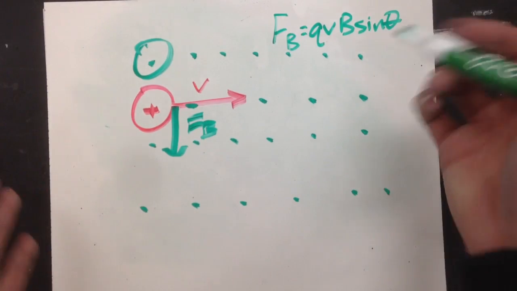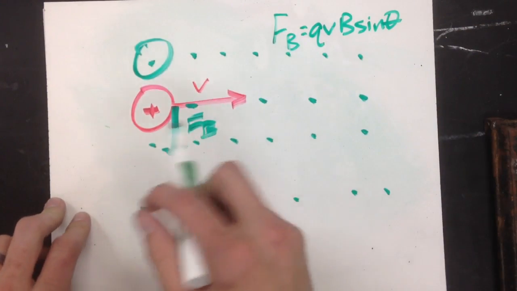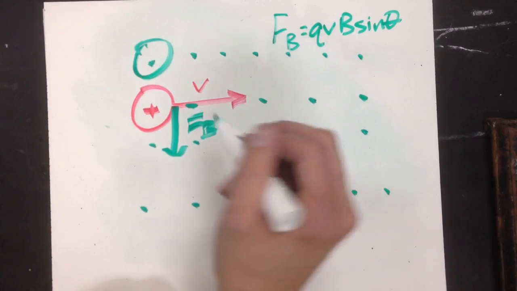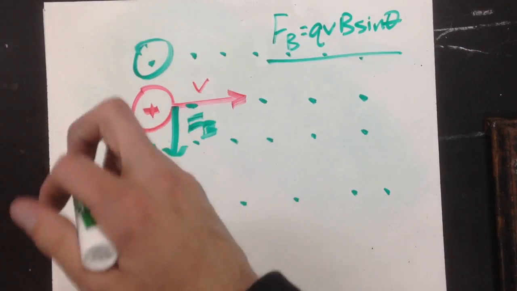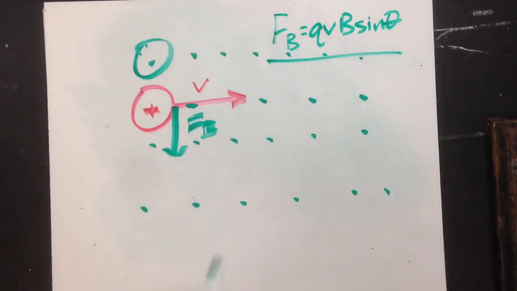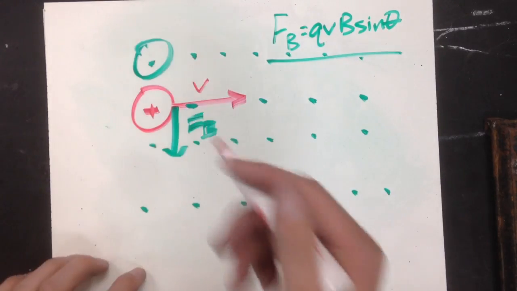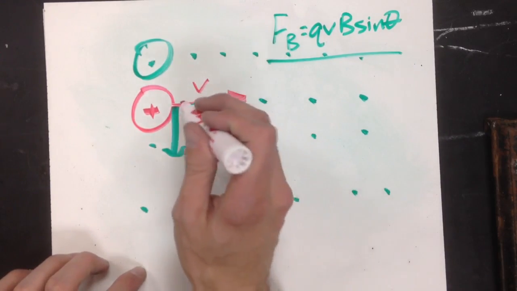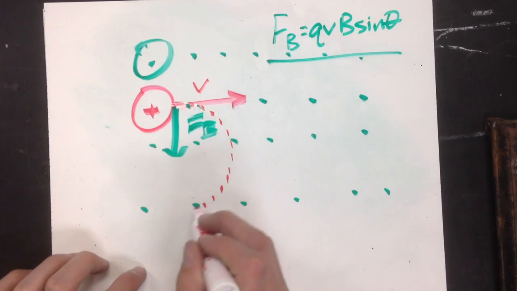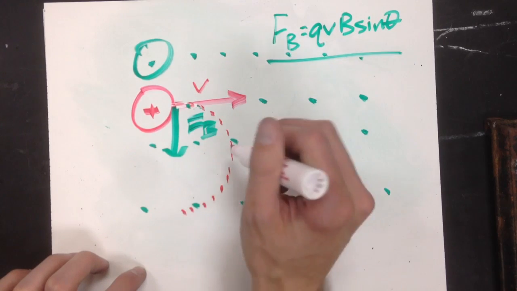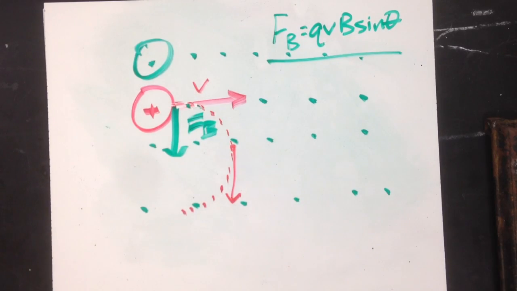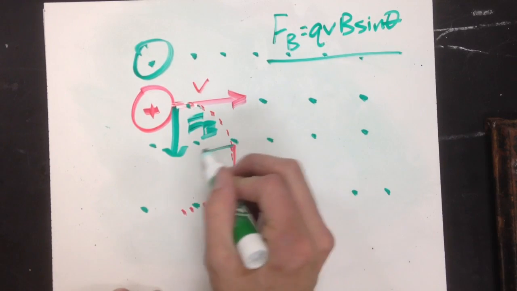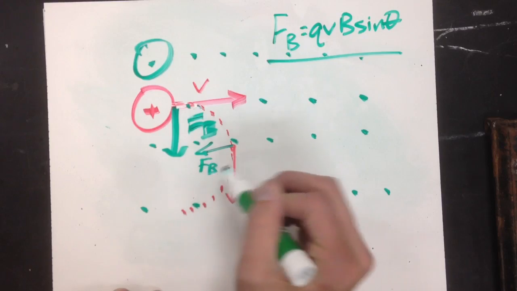So sine of 90 is just 1. So because of that, the magnetic field can't do any work on this charge. It can change its direction, yes, but not its actual magnitude of velocity. So this thing would rotate around in a circle like so. Everywhere your velocity is tangent and your magnetic force is directed back in towards that center.